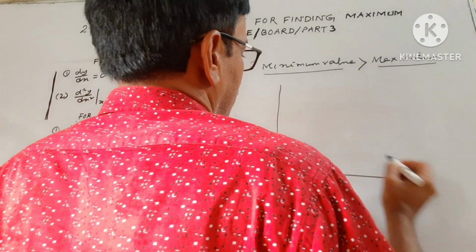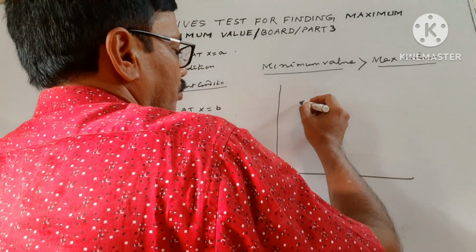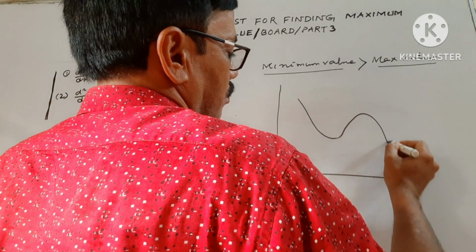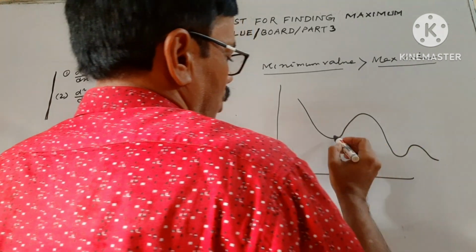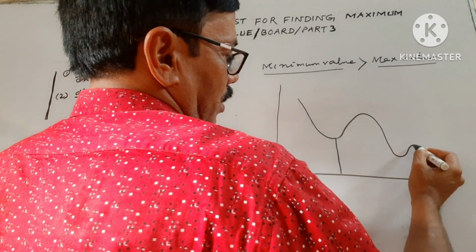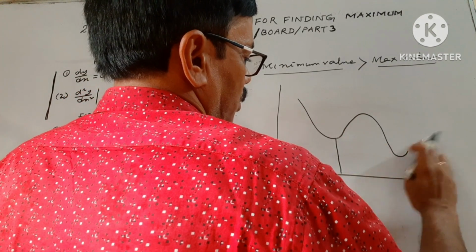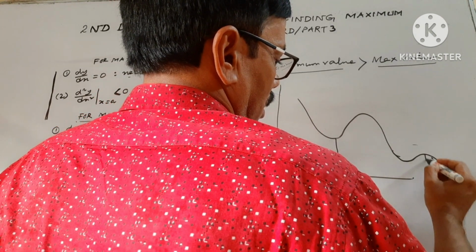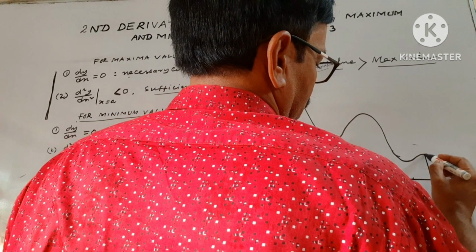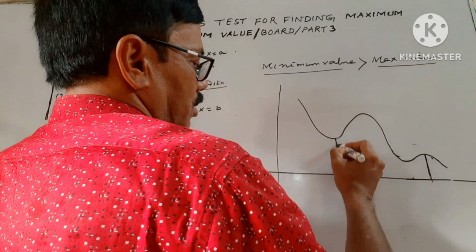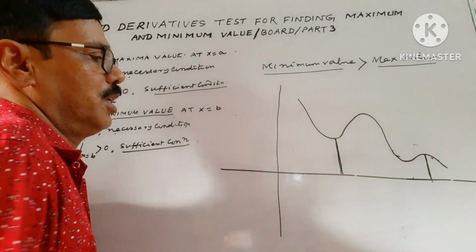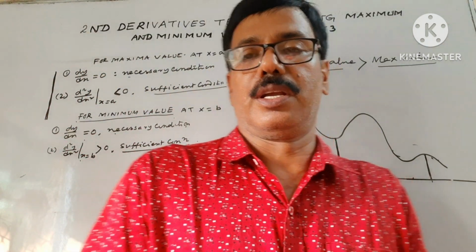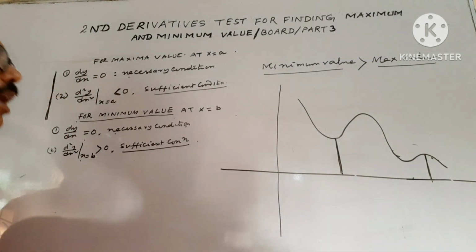Suppose for this type of curve, look, here it is minimum, and this one is maximum value, this one is minimum value. So I am saying minimum value may be greater than maximum value.